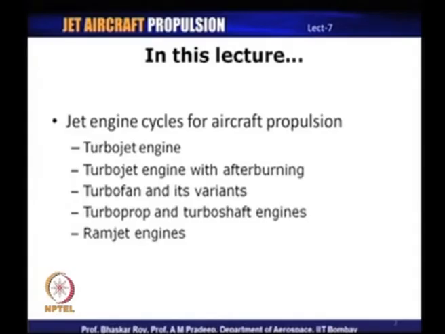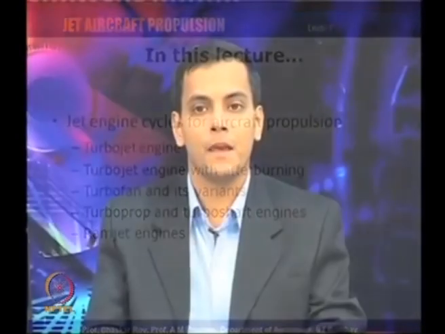There are different types of turbofan engines, then turboprop and turboshaft engines, and also a very quick look at ramjet engines. We are going to discuss ramjet engines towards the later half of this lecture series, but we will just spend a few minutes on them as well.